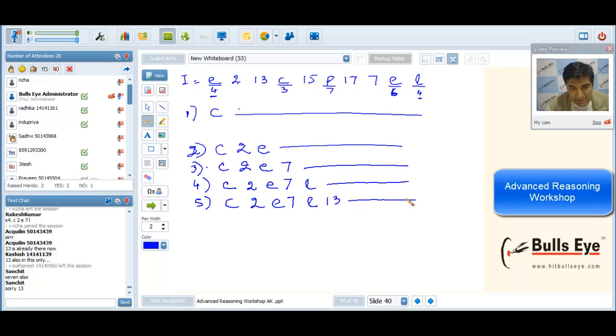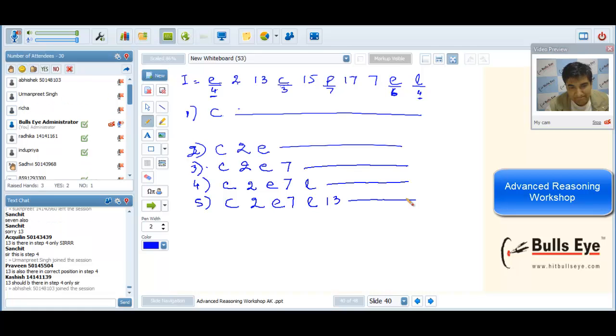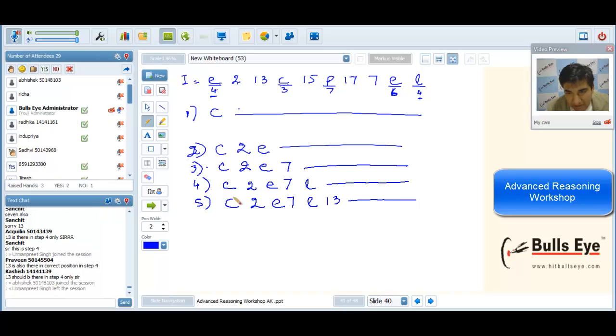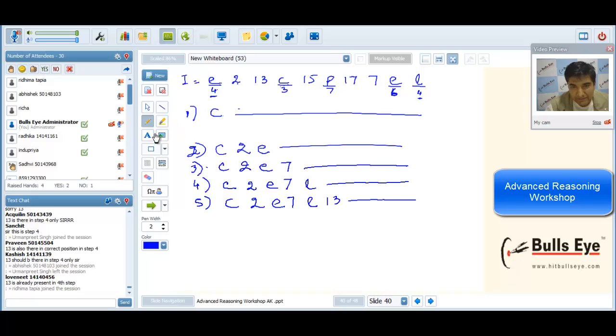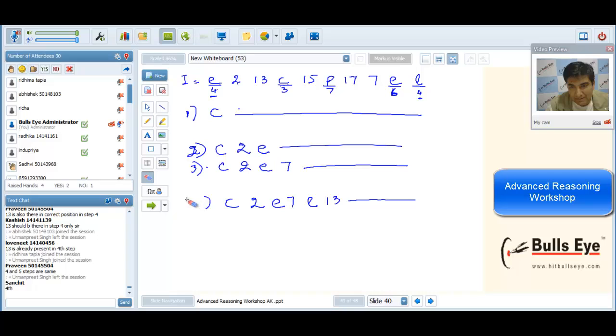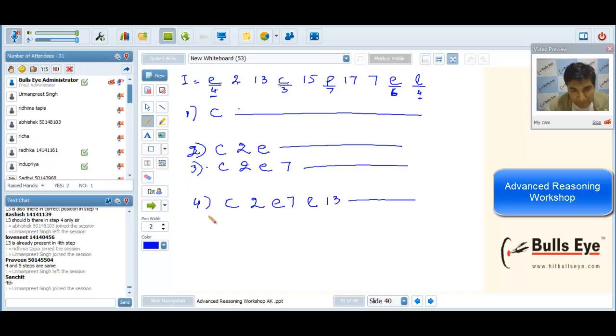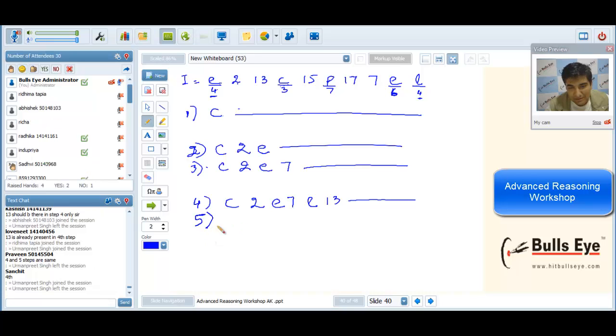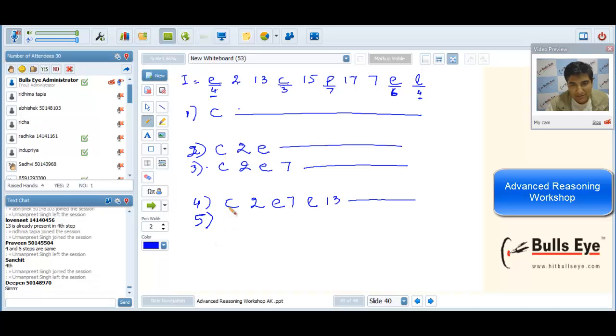People, are we understanding this? Yes, 13 was already there. 13 is already present in the third step, right? Right, people, you are right. This is the fourth step. Now, likewise, we can follow this and we get the answer to the problem.